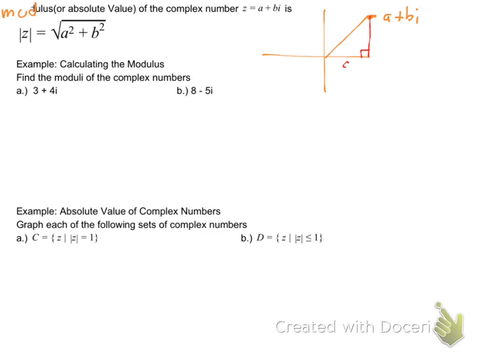And that means this side is a and b, because I move a to the right and b up. So if a and b are my sides, isn't it natural that the hypotenuse is the square root of a squared plus b squared? Which is the absolute value of z, the distance from the origin to your point.